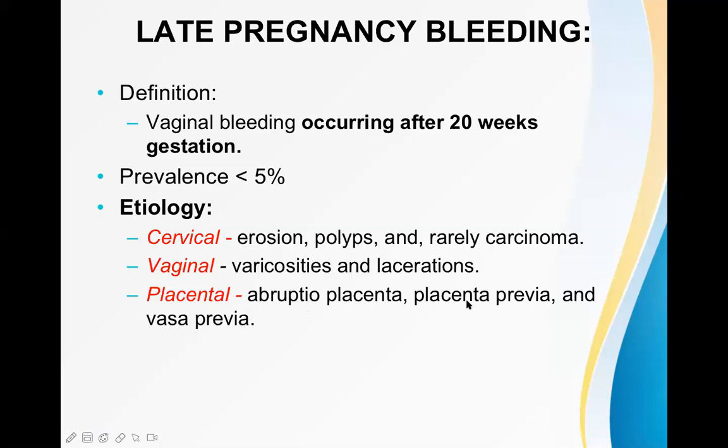These are the important conditions of the placenta. One more, which is not mentioned here, but many students know it already, is uterine rupture. Uterine rupture also occurs in the later part of pregnancy, which can give rise to bleeding.